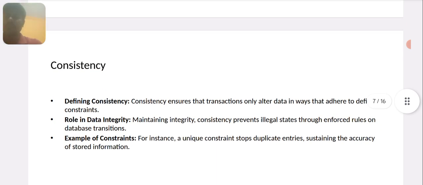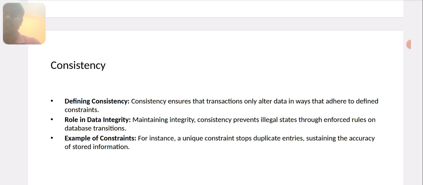Next, we discuss consistency. There are three roles we will discuss: defining consistency, its role in data integrity, and examples of constraints. Consistency ensures that transactions alter data only in ways that adhere to defined constraints.